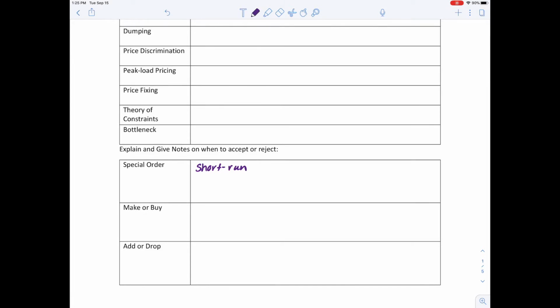So when I'm taking that into account, that's going to have different pricing alternatives. I want to be careful to make sure I have a positive contribution margin. And what effect does my fixed costs have, and are there other costs that I need to consider? Then you're going to look at if you have additional income, then you would accept.